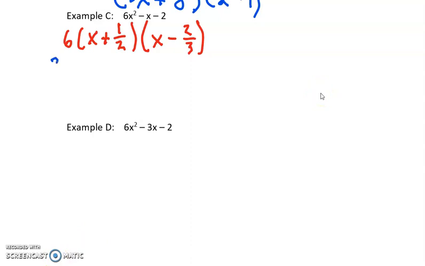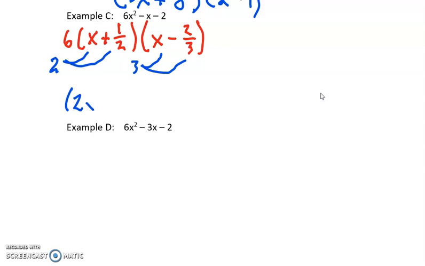Well, think about that for a minute. 6 is 2 times 3. Let's put that down here. And take the 2 and distribute it through this one, and take the 3 and distribute it through this one. So we see a 2 and a 3, and we know 6 is 2 times 3, so let's distribute that way.